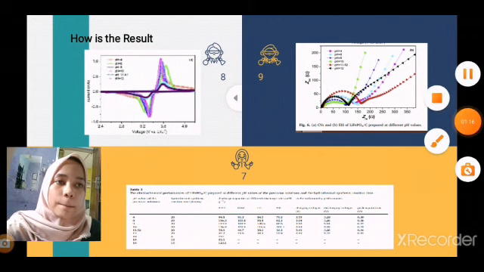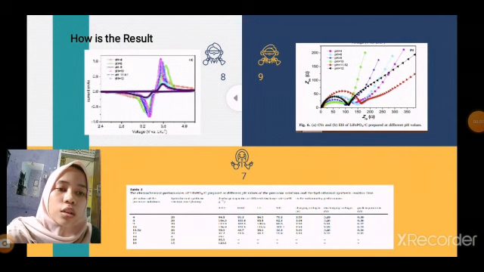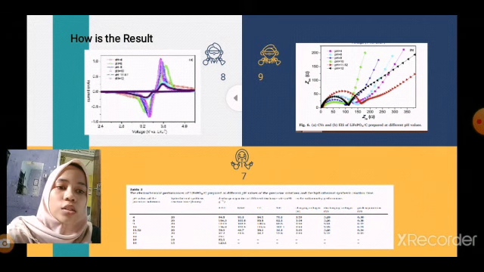Picture number 9 shows the Nyquist plot of lithium iron phosphate prepared at different pH values. All the electrodes exhibit a typical EIS of lithium iron phosphate electrochemical cells, which consist of a depressed semicircle in the high frequency region, a depressed semicircle in the intermediate frequency region and a straight line in the low frequency range.